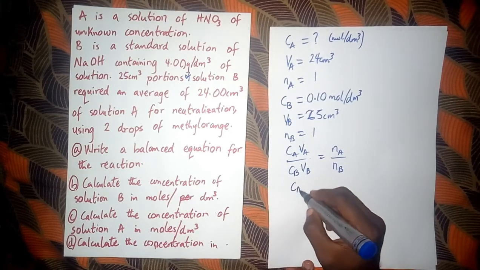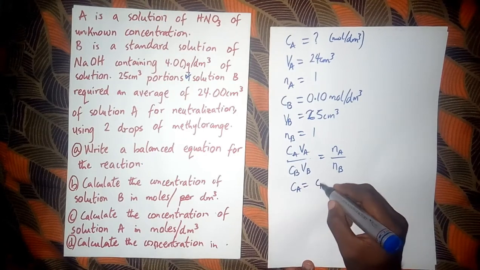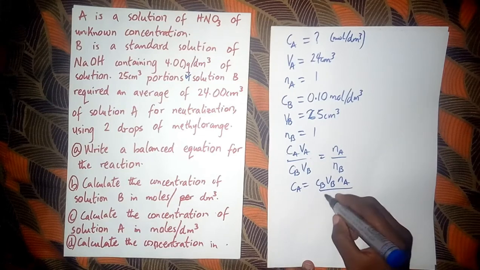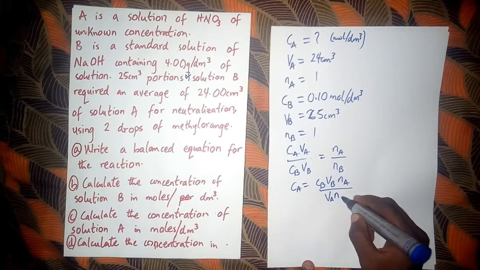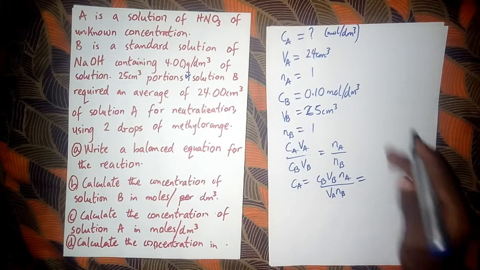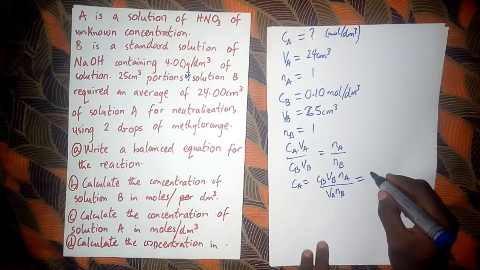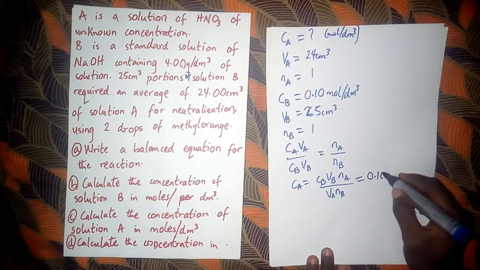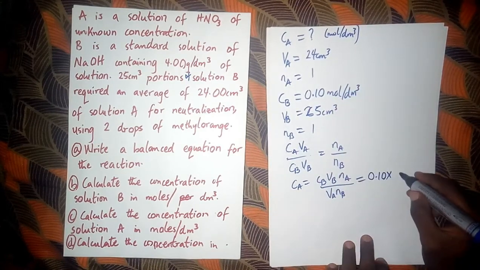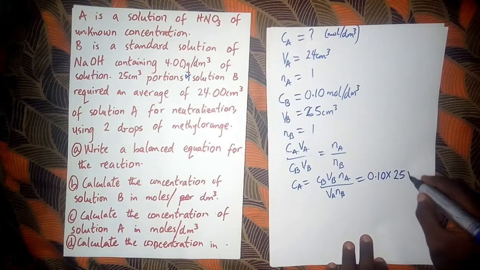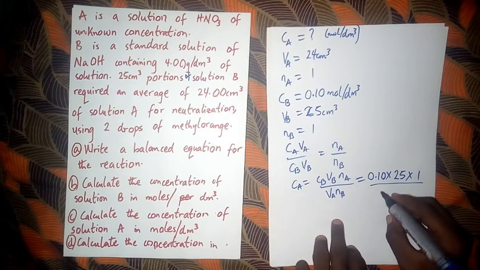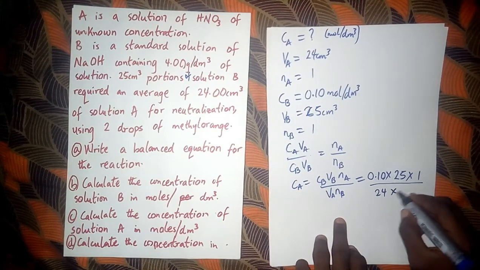So our CA will be CB VB NA over VA NB. Substituting all our values, we have 0.10 as our CB in mole per dm cube times 25 cm cube times NA 1, over VA 24 times 1.